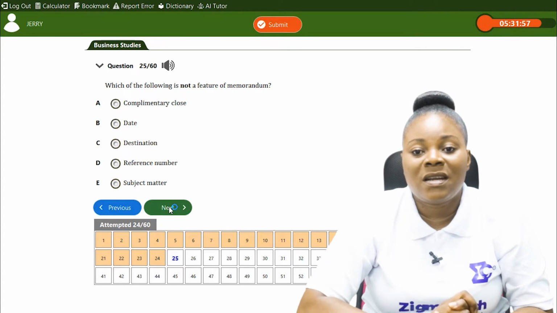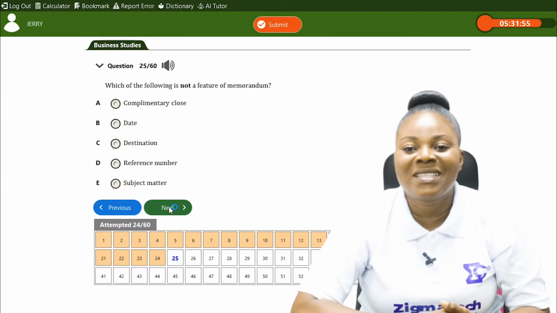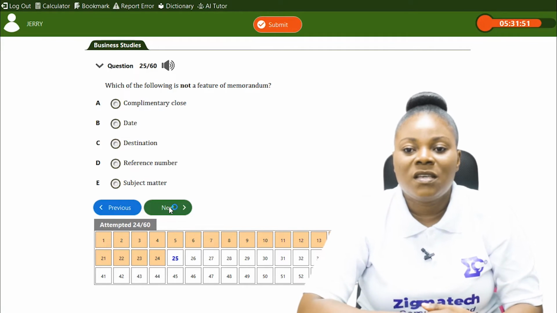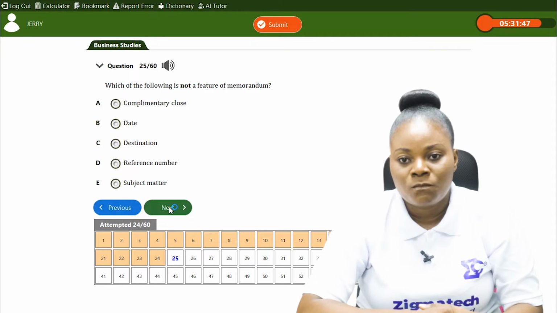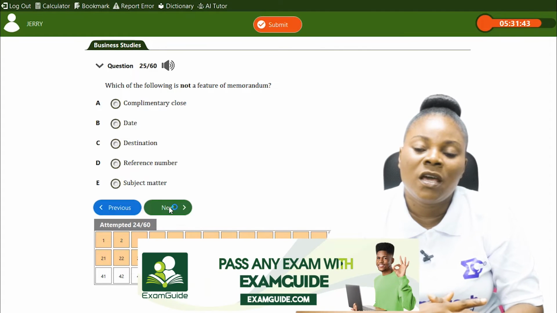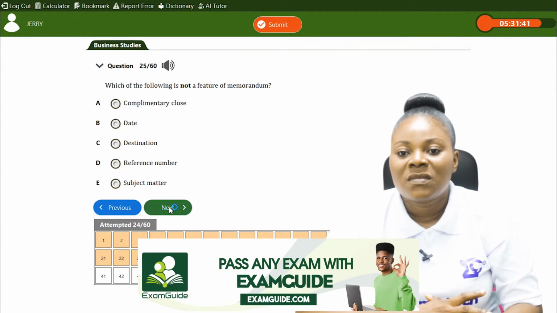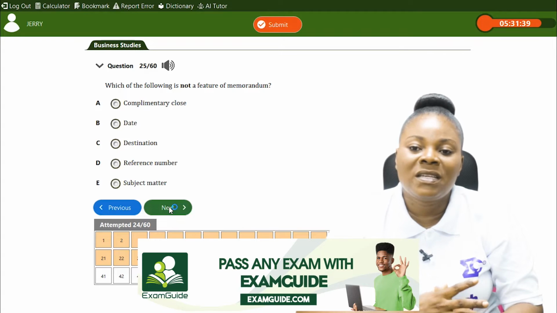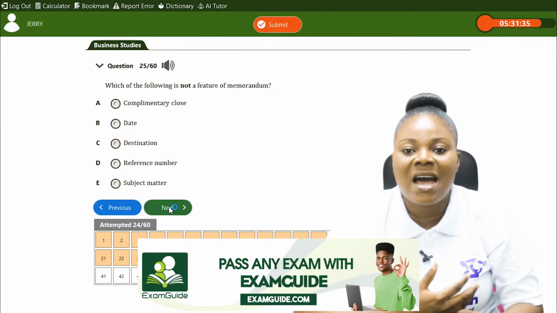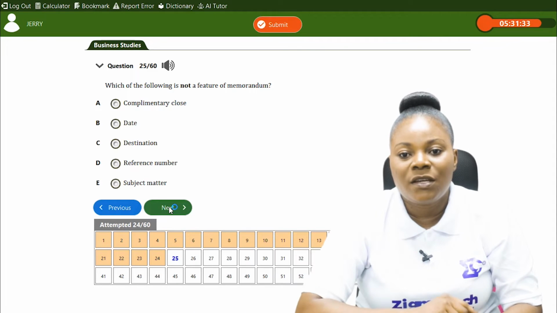The next question, question 25, it says, which of the following is not a feature of a memorandum? What's a memorandum? A memorandum is like a letter or a correspondence that is used to communicate within an organization.